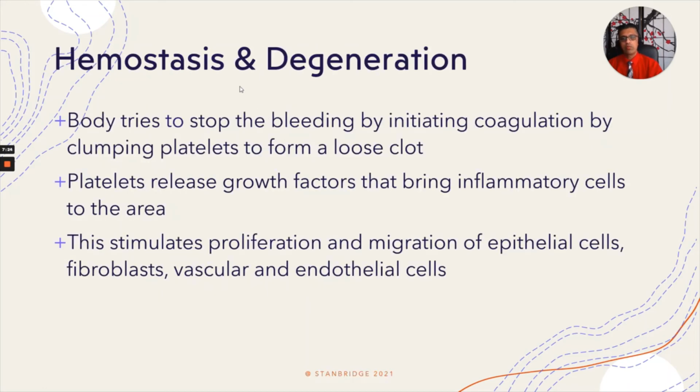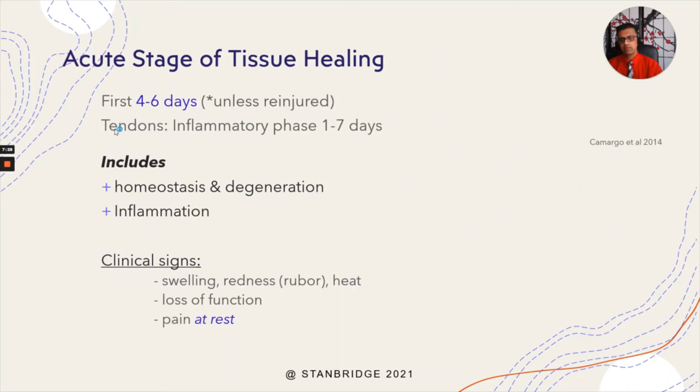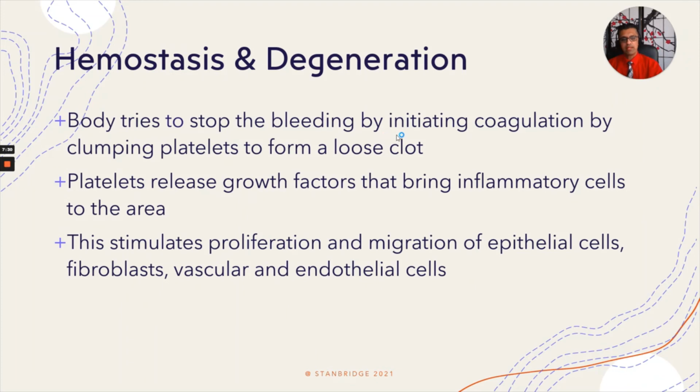Now, what's hemostasis and degeneration? The body tries to stop bleeding by initiating coagulation, clumping platelets to form a loose clot. So hemostasis is cessation of bleeding.